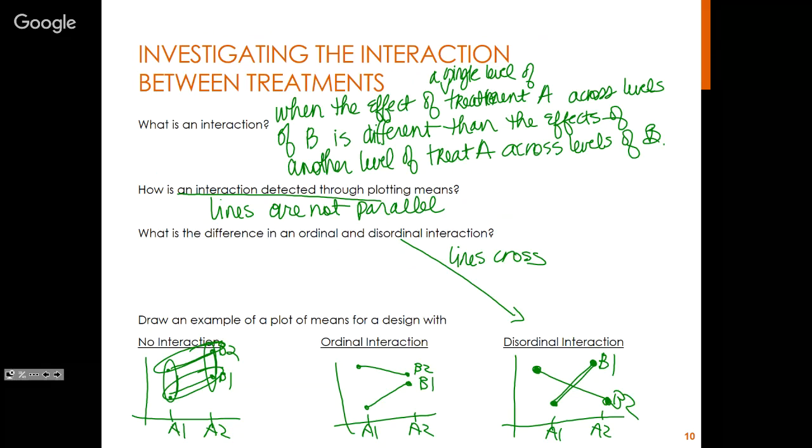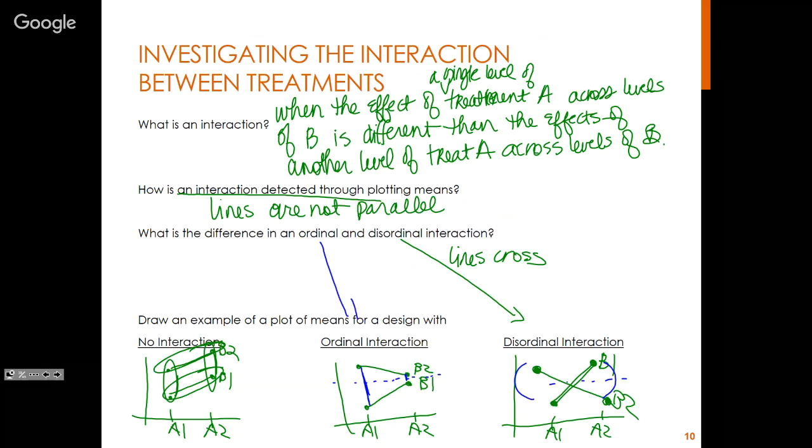So in the ordinal interaction, we could draw a line here and say that B2 is always greater than B1, but the degree to which it's different changes. But over here, they completely flip, and at one place, B1 is higher than B2, and at the other, B2 is higher than B1.